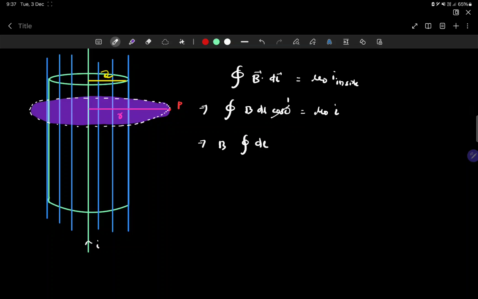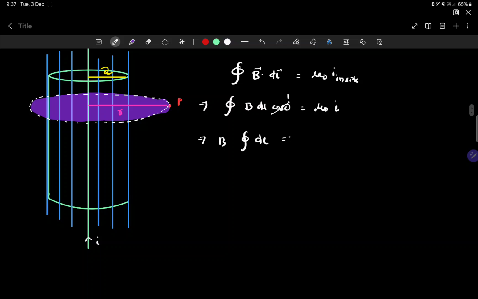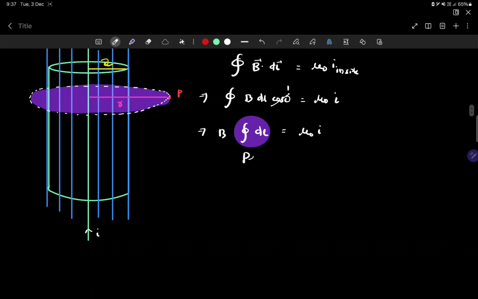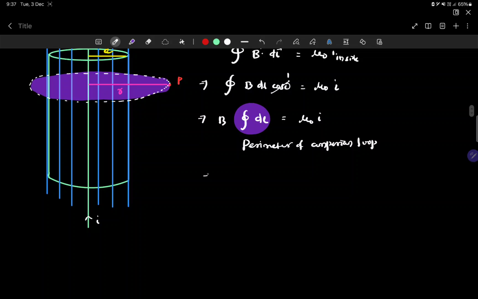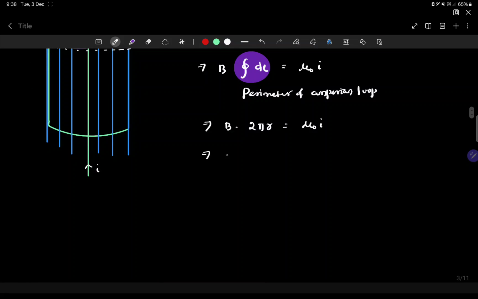Then this closed integral dl is equal to mu naught into I. The closed integral dl is the perimeter of the Amperian loop, and the radius of this Amperian loop is small r, so the value will be B into 2 pi small r equals mu naught into I. So B equals mu naught I by 2 pi small r.